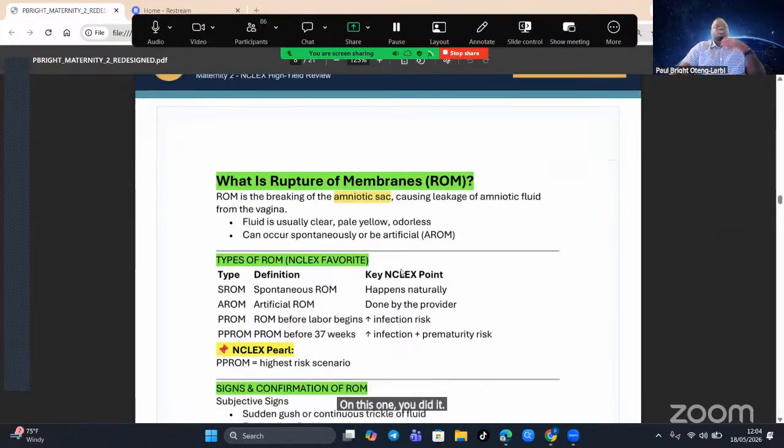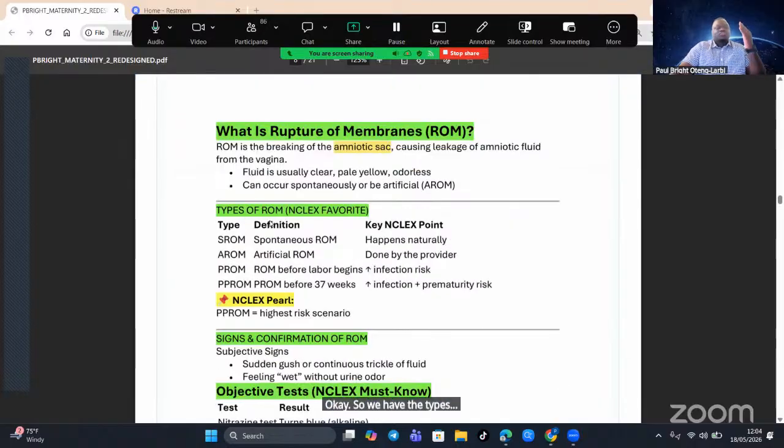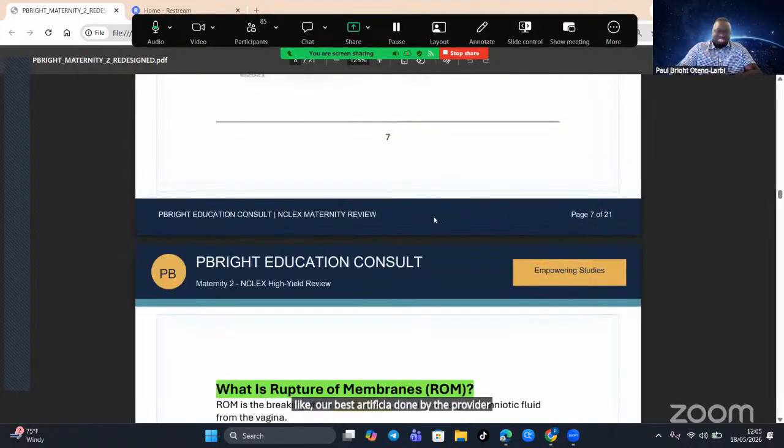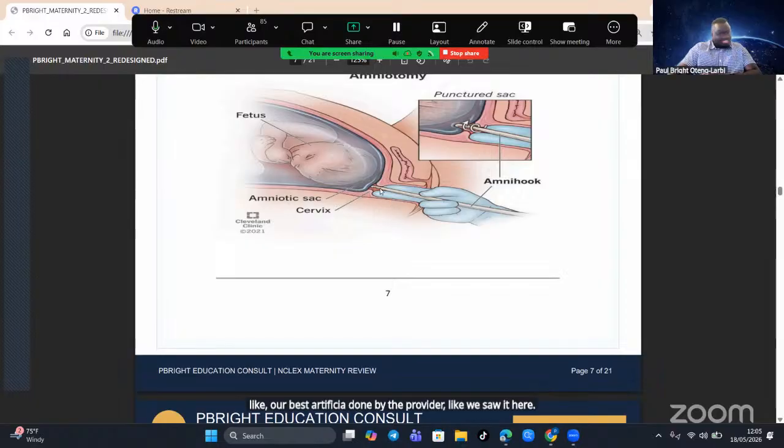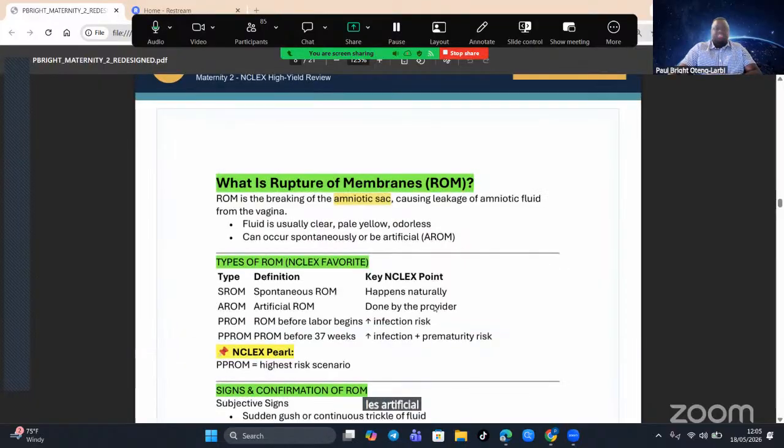So we have the types of membrane ruptures. We have the spontaneous rupture, that's the natural thing, it's best. Artificial, done by the provider, like we saw here, the artificial rupture of the membrane.